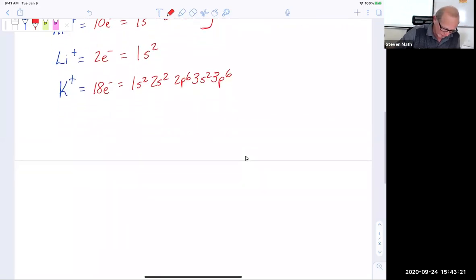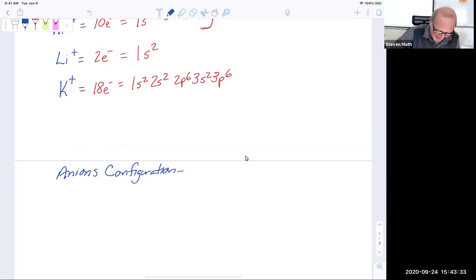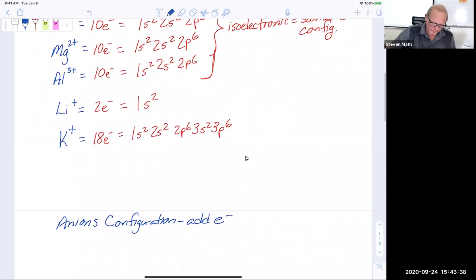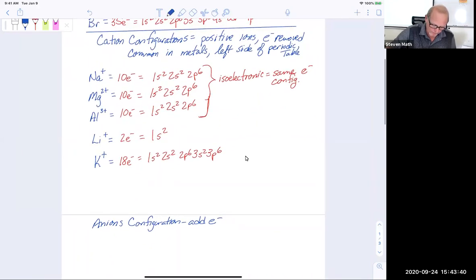So now we'll skip down to the next page and we're going to say, hey, what about our anions? Anions configuration. For these, we're going to add electrons. Okay, these are negative ions.